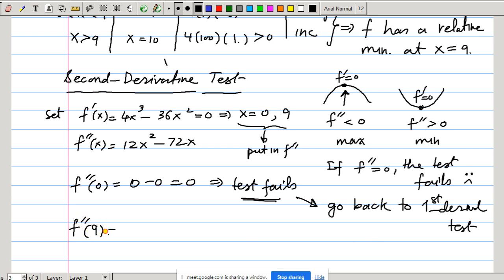Sometimes it fails. If I put 9, it will become 12 into 9 squared minus 72 into 9.